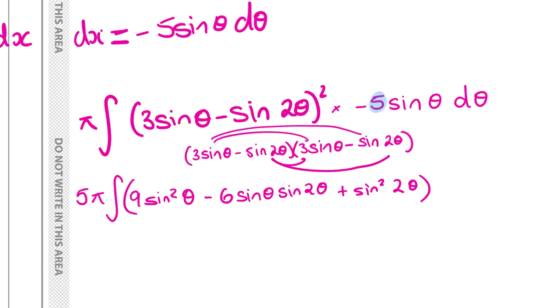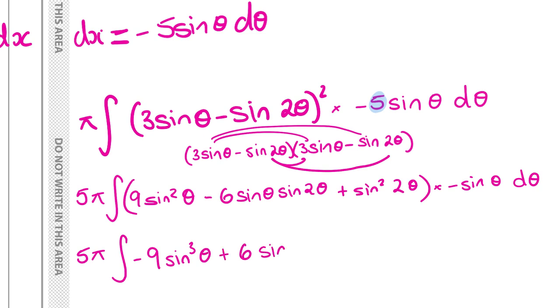Okay, what is all of this multiplied by? Negative sine theta d theta. Okay? So now we're going to have 5 pi integral. If I multiply everything by negative sine theta d theta, minus 9 sine cubed theta plus 6 sine squared theta sine 2 theta, minus sine cubed 2 theta.